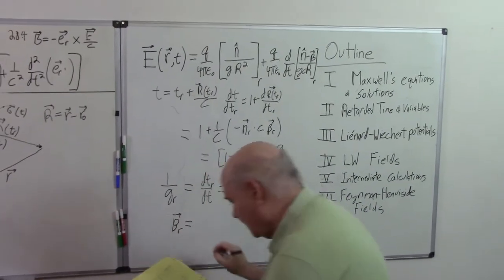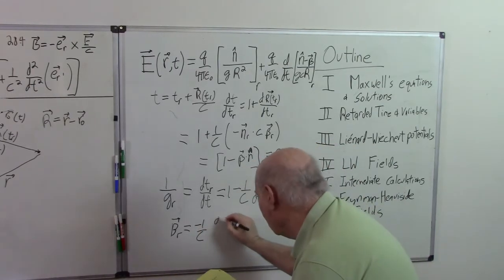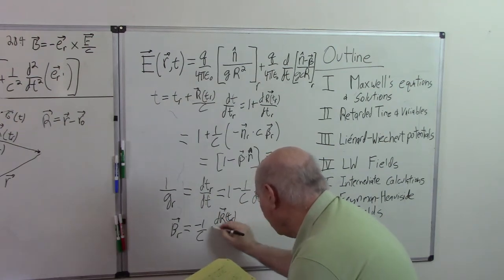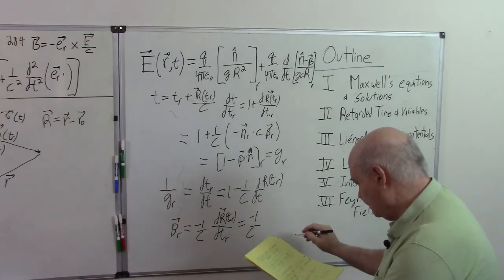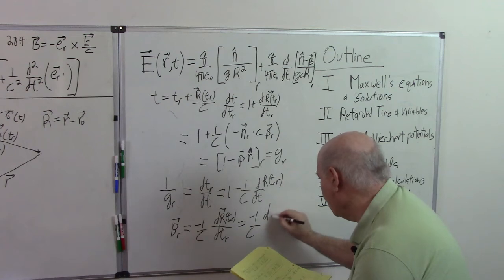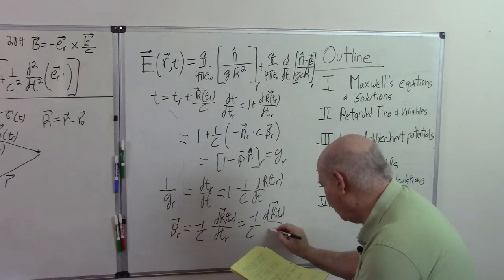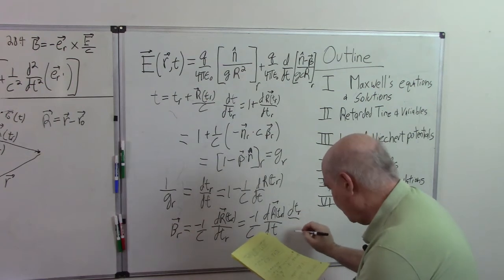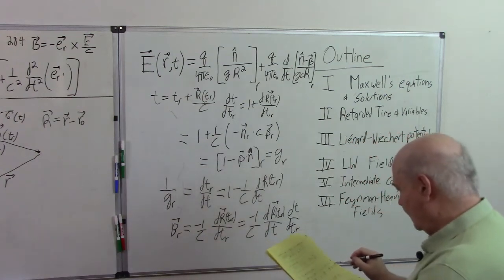Beta_r by definition is equal to minus 1 over c dR of t_r over dt_r, which is equal to minus 1 over c times dR/dt, using the chain rule with respect to t times dt/dt_r.